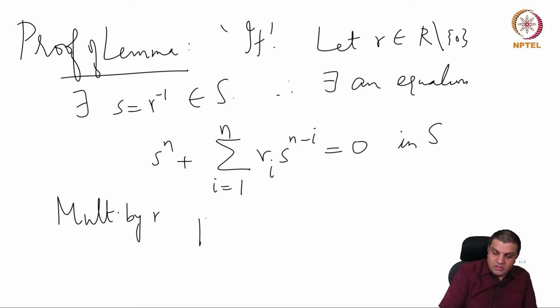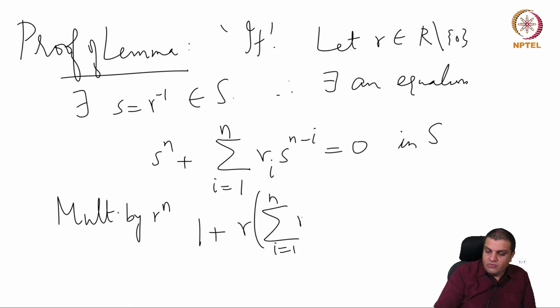So this term gives 1, and everywhere else there will be an extra r term: r for n minus 1, r squared for n minus 2, and so on. This gives 1 plus r times the sum of r_i r to the n minus i minus 1 equals 0.